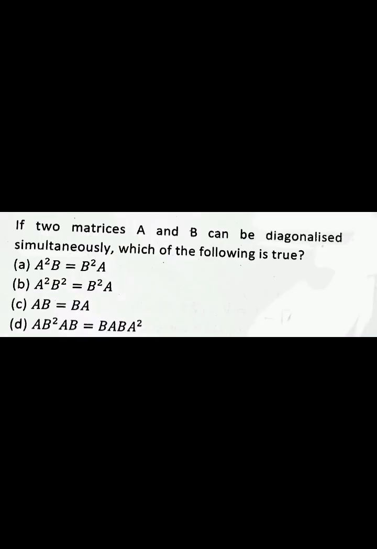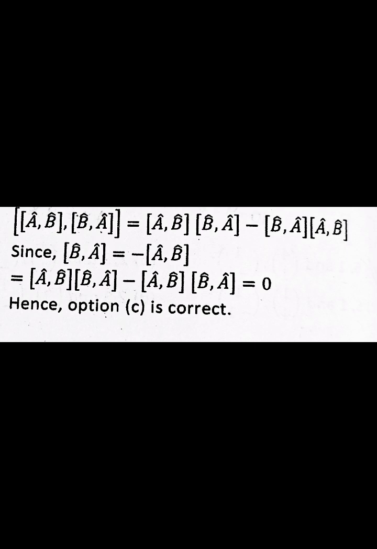The next question is, if two matrices A and B can be diagonalized simultaneously, which of the following is true? So here we need to check which property is correct. So we know that the commutator of [A, B] into [B, A] minus [B, A] into [A, B], and we know that [B, A] is equal to minus [A, B].